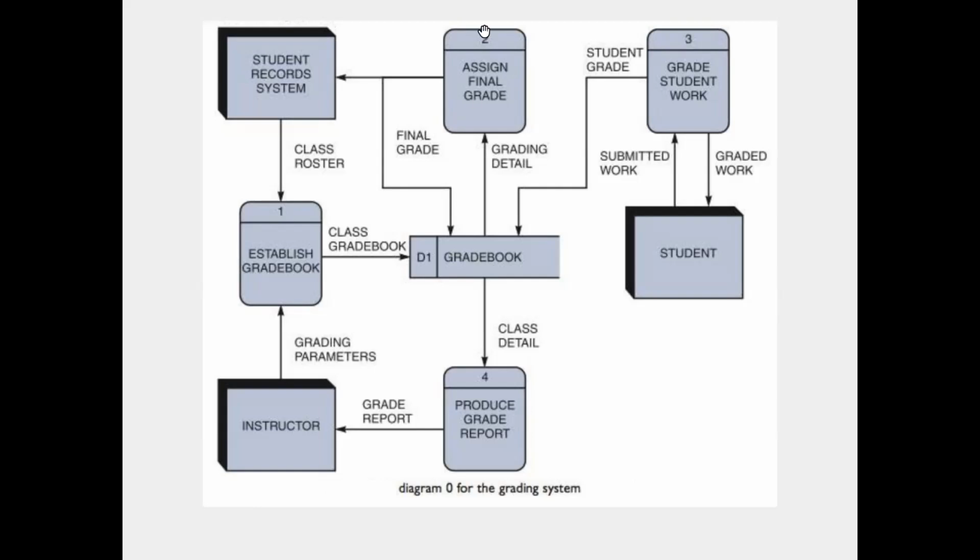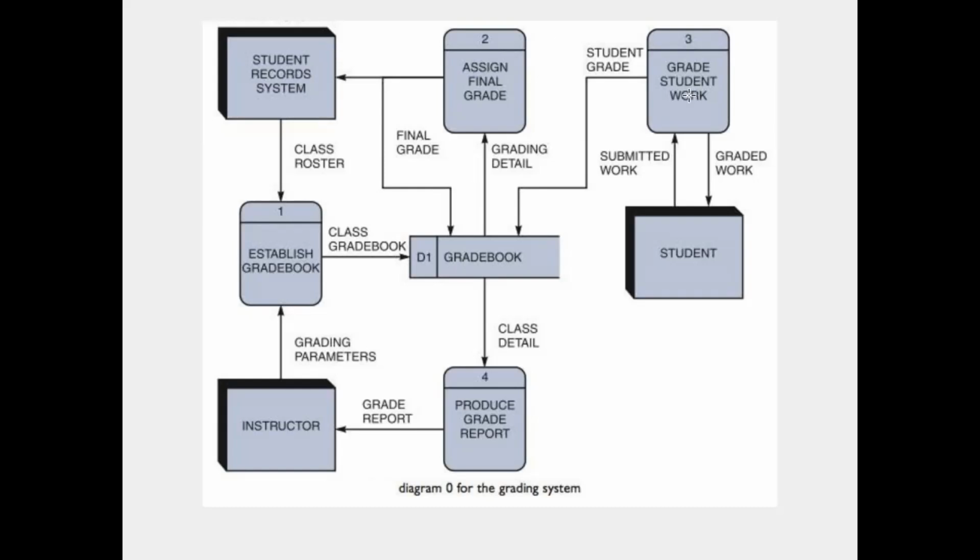Once the class grade book is here, the next one is assigning final grade. You will get the grading details from here, and then you can record the final grade in the grade book as well as the student record system.